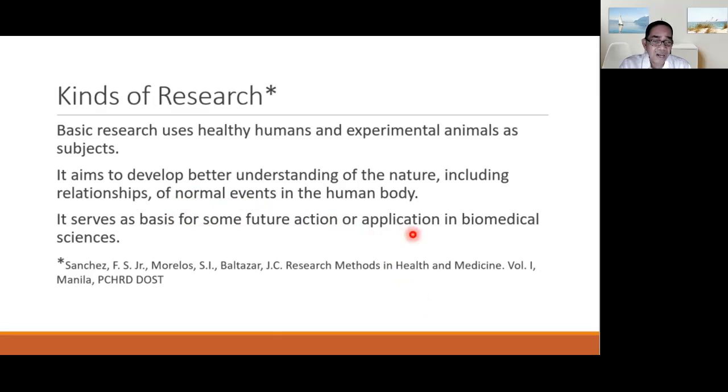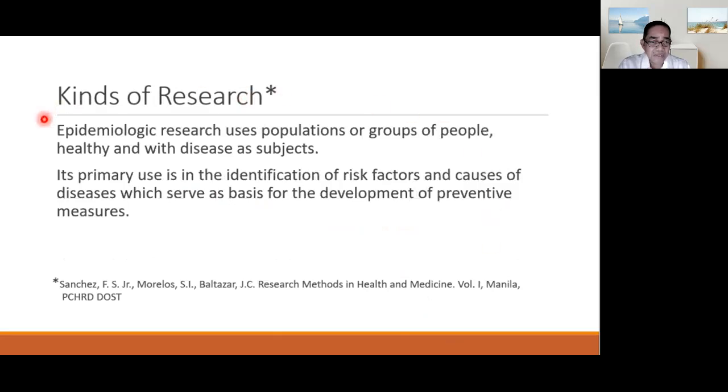You see, class, for this particular subject, we don't want you to make basic researches. Rather, we want you to make the next kind of research, the epidemiologic research.